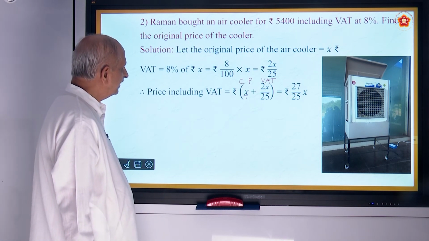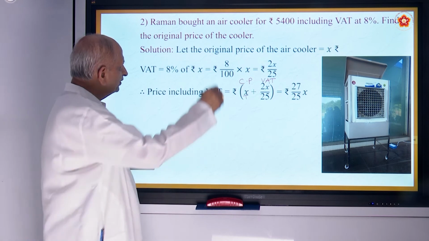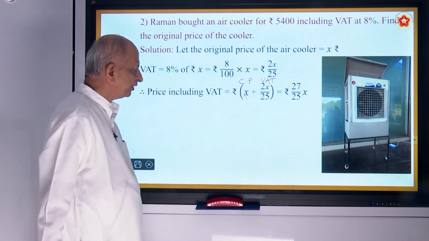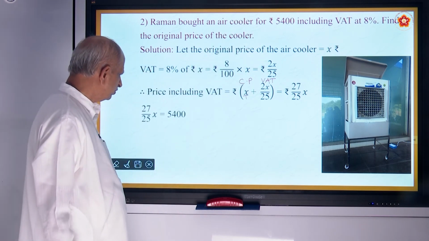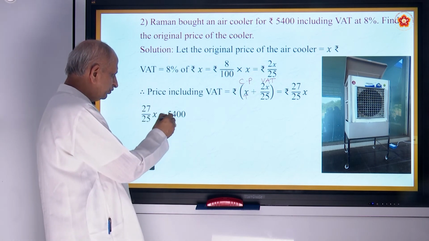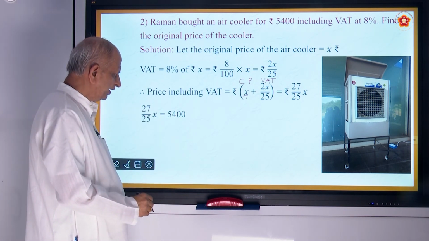Now they have given that including VAT he has paid 5,400. So 27 by 25 x is equal to 5,400. What is the value of x?